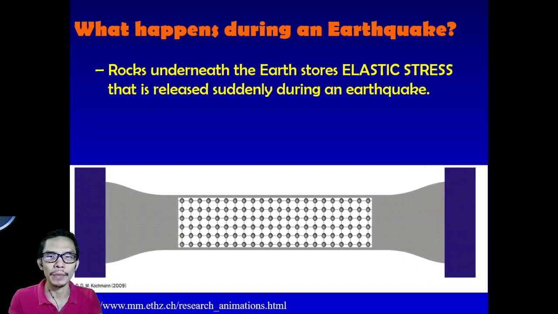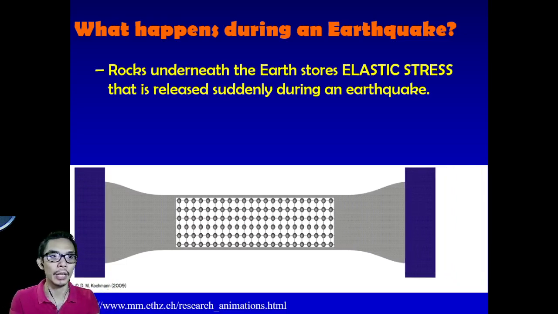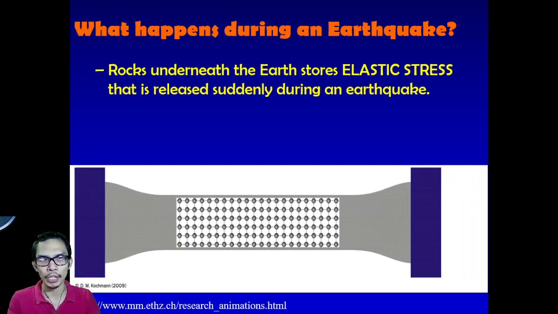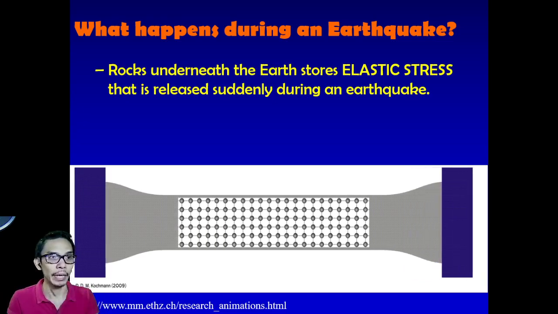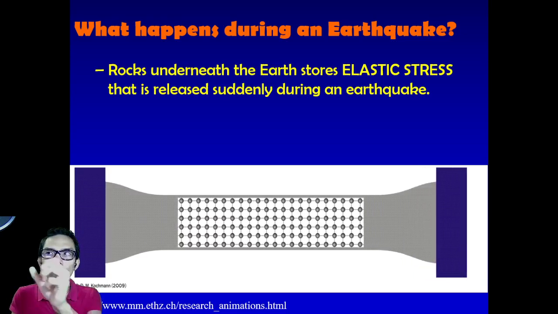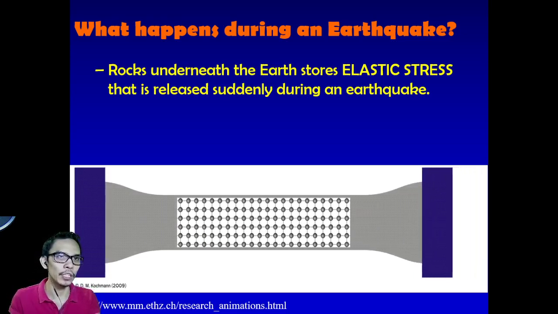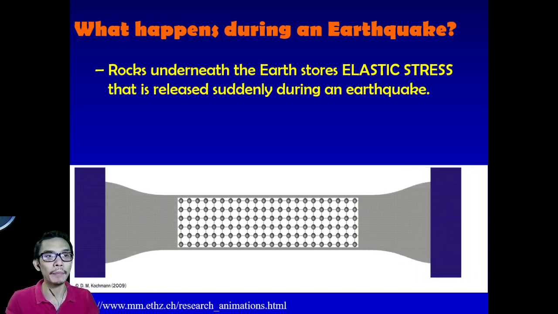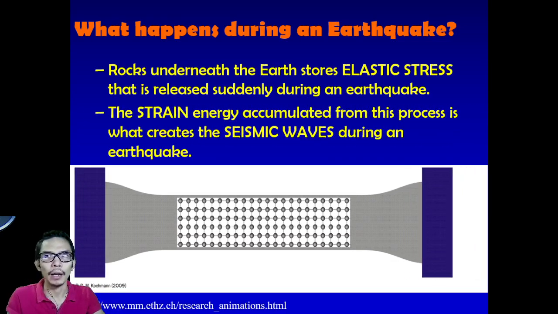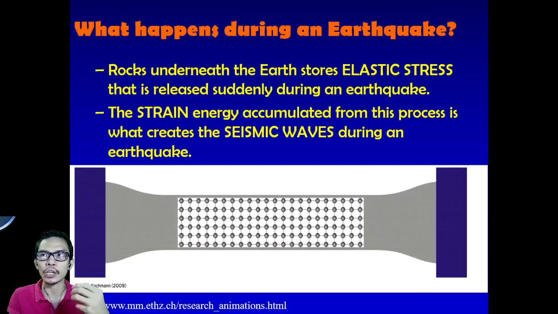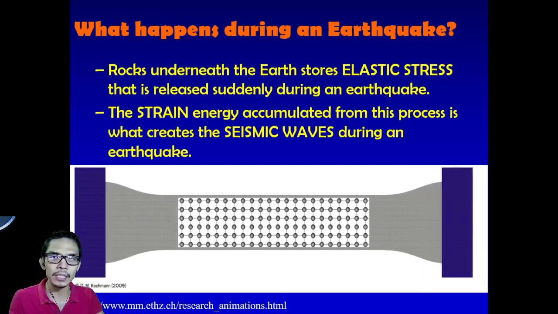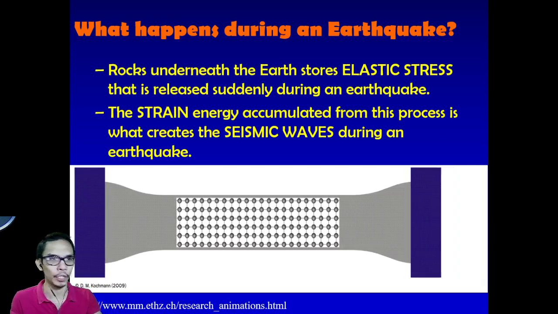When you stretch a rubber band, it stores elastic potential energy. Then when you release it, that elastic potential energy becomes kinetic energy. Similarly, the rocks underneath the Earth store elastic stress over time and then release it. The strain energy accumulated throughout this process creates seismic waves during an earthquake.